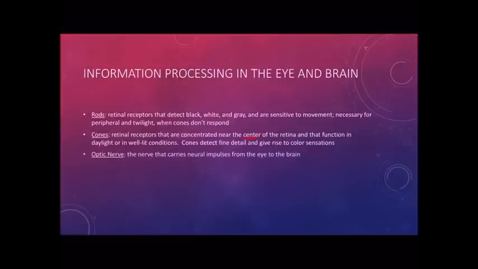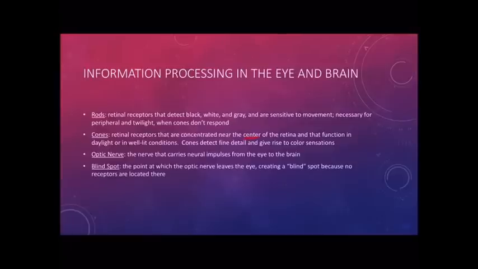Okay, when it comes to the optic nerve, this is the nerve that carries light information from our eye to our brain. But what you really want to know is that the blind spot is the point where the optic nerve leaves the eye.